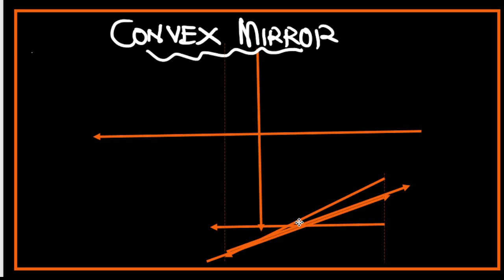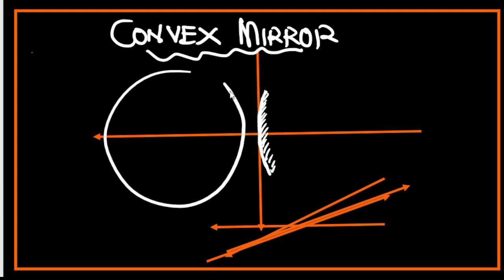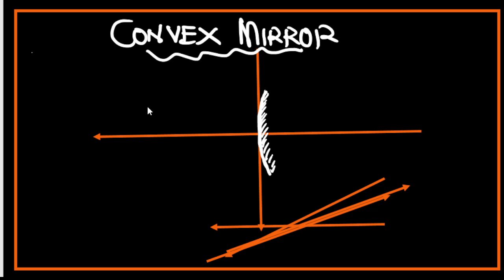Now say we have this to be a convex mirror here. So you can see that this is convex. Shading this side of this mirror means that the observer needs to be at this side.